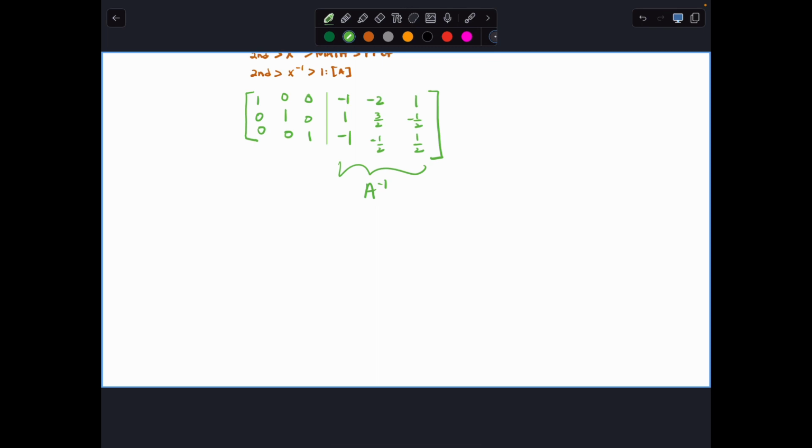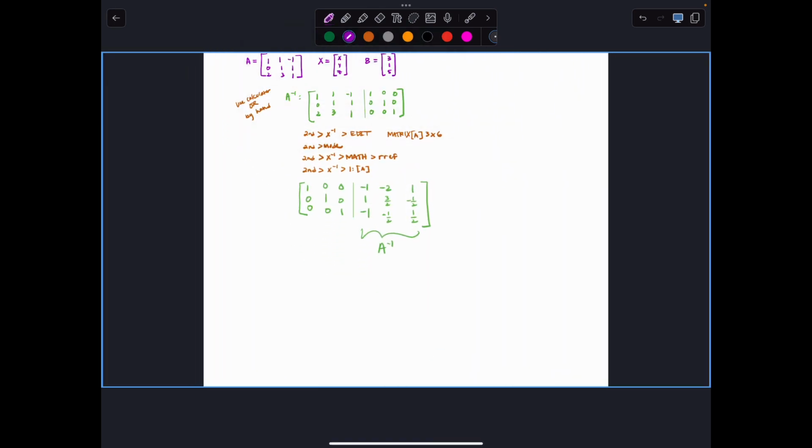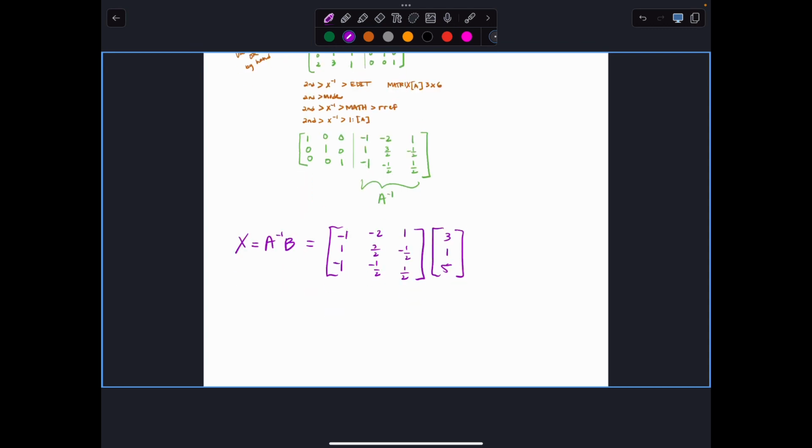So then when we go back to trying to solve this system, we go, okay, well, X is going to be A inverse times B. So taking A inverse and multiplying by B will give us our solution.